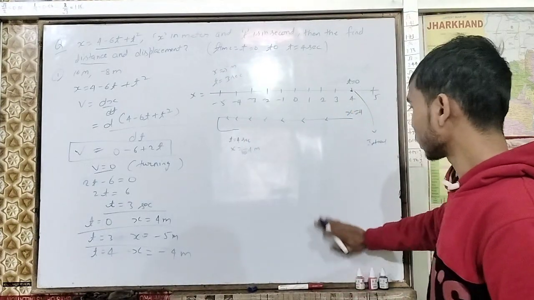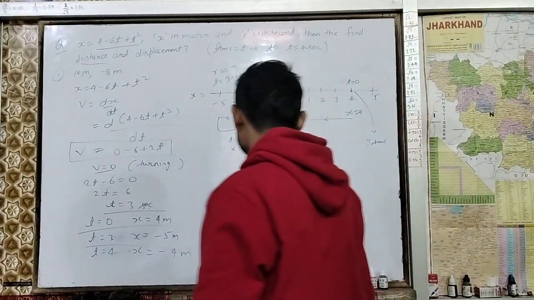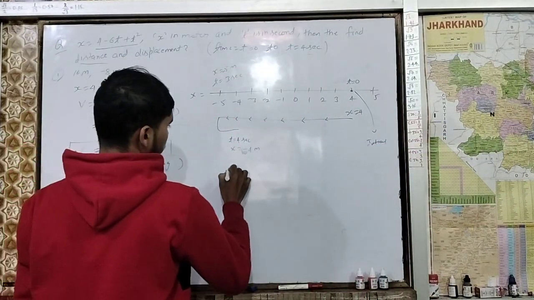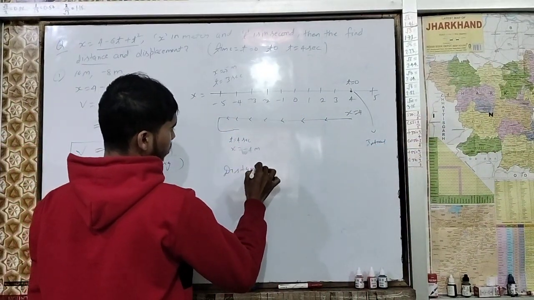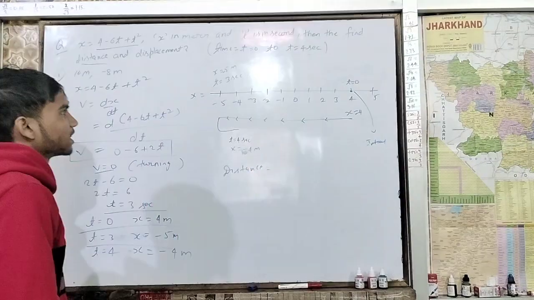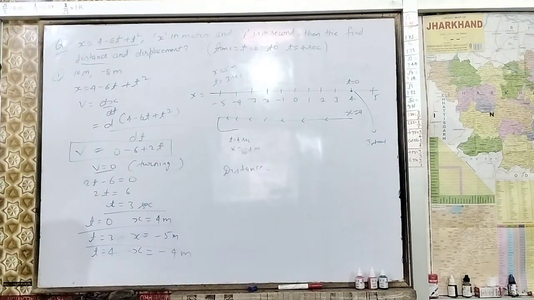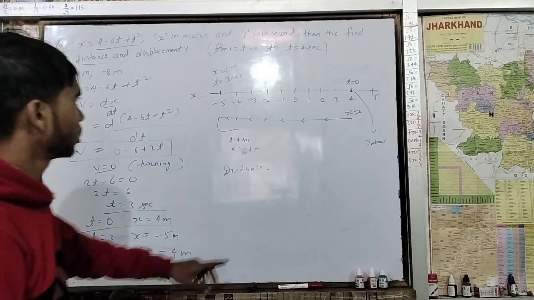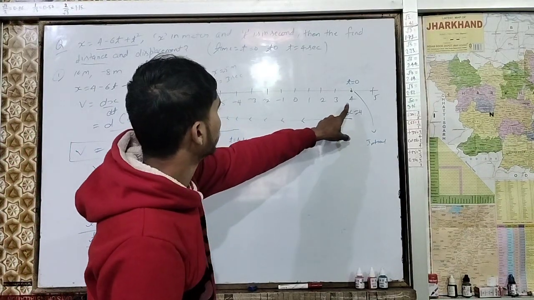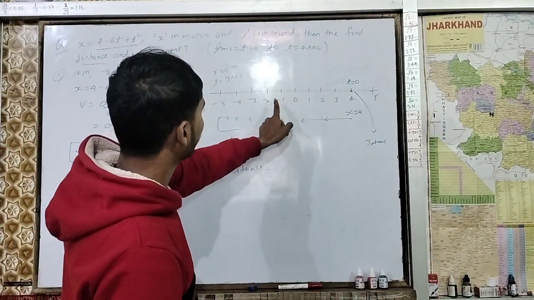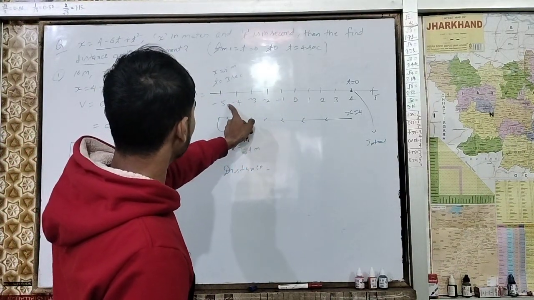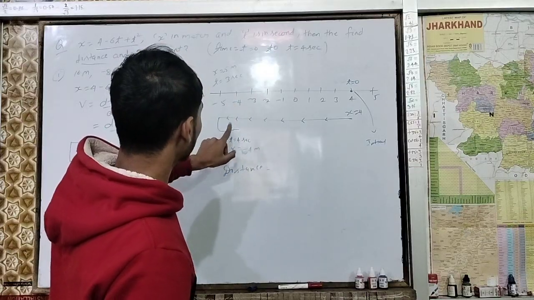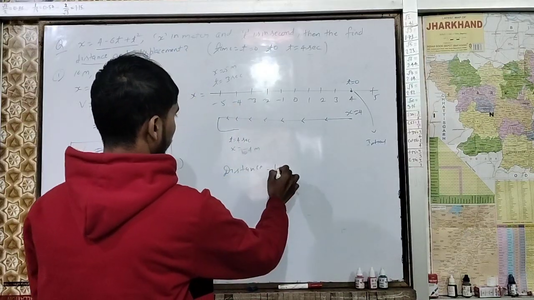Yeah, finally we came to the main point. Distance will be how much? From here 1, 2, 3, 4, 5, 6, 7, 8, 9 and one more, 10 meters.